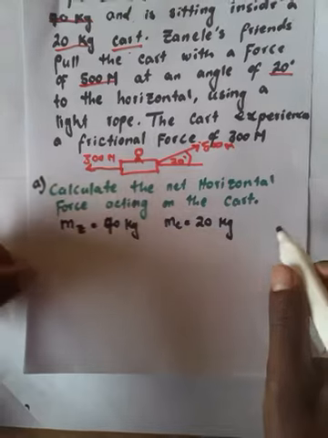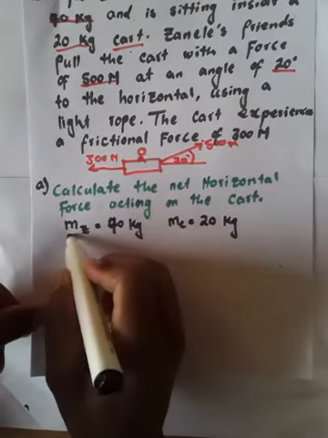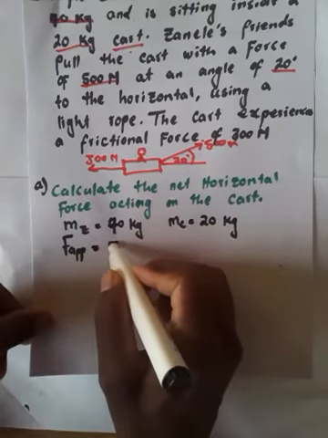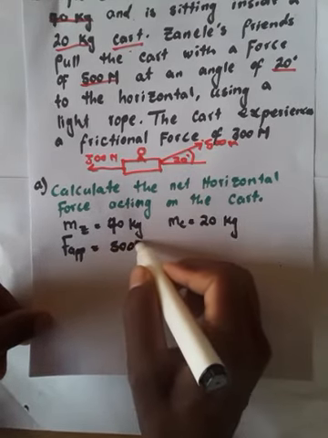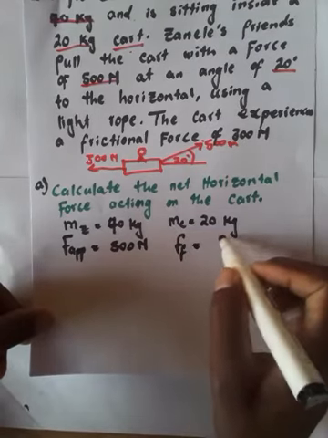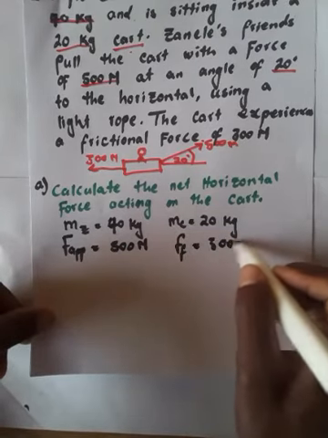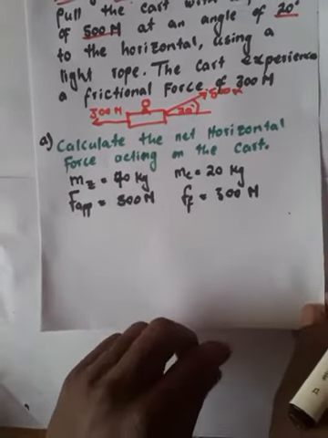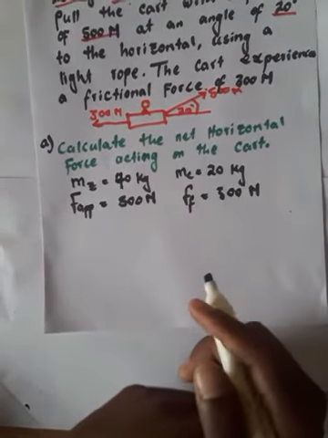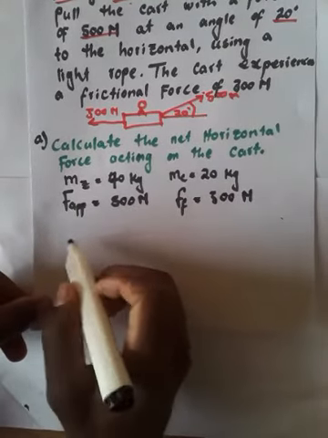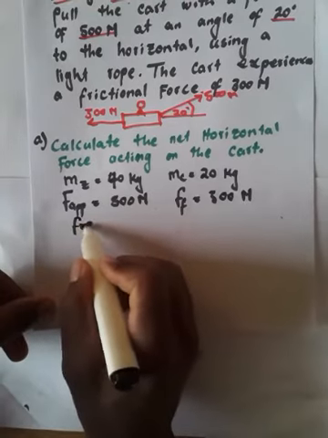The force applied is given, 500 Newton, and the frictional force is also given, 300 Newton. We want to calculate the net horizontal force. And remember that we can draw a free body diagram, so let's start with a free body diagram.